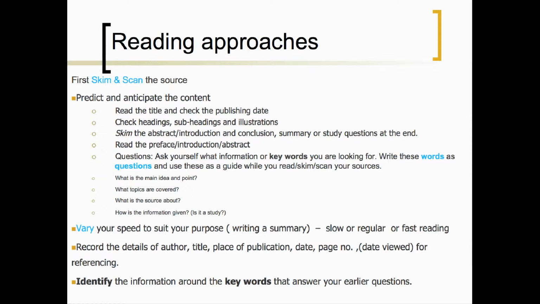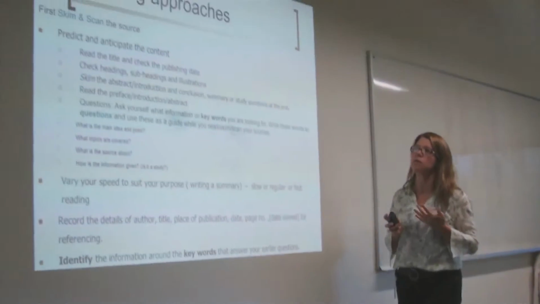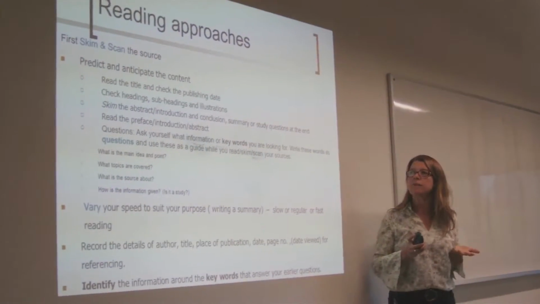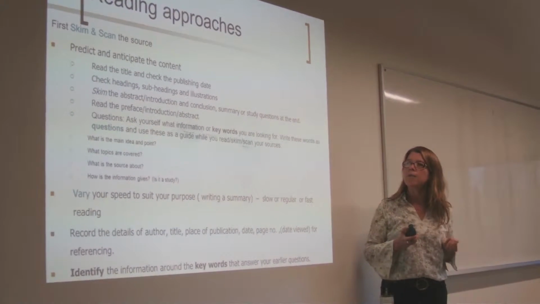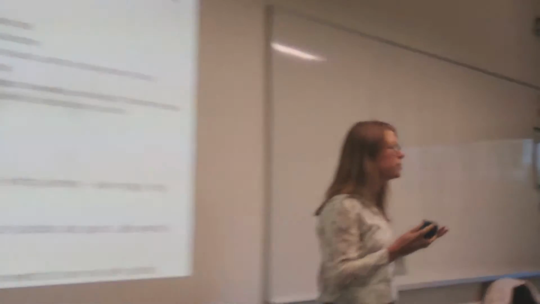Check publishing dates, check headings, look at illustrations, skim the article for an introduction or an abstract or a conclusion, and read all those little bits of extra information that you've been given. That's easy to do. You can do that online as well, just skim through it.